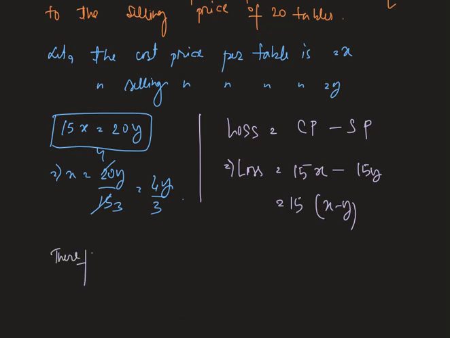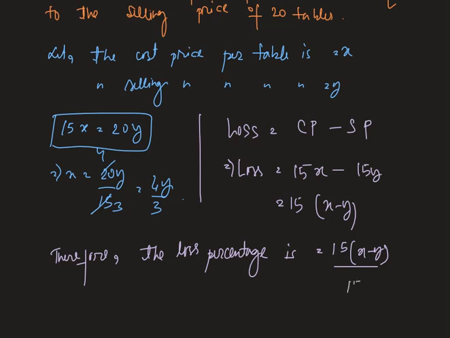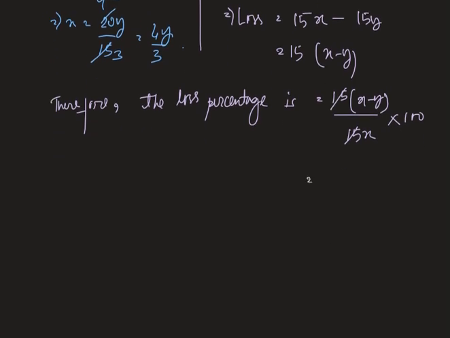Therefore, the loss percentage is 15 into (x minus y) over the cost price, that means 15x, into 100. So 15 cancels out and we know that x is equal to 4y by 3, or we can write y is equal to 3x by 4.